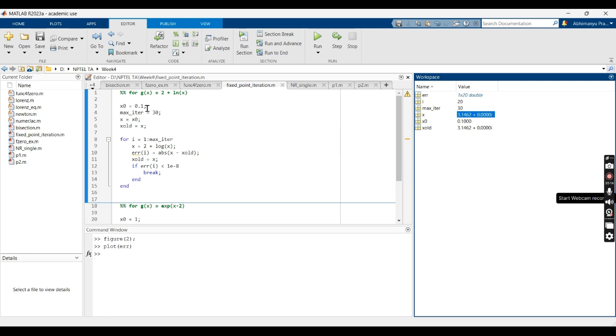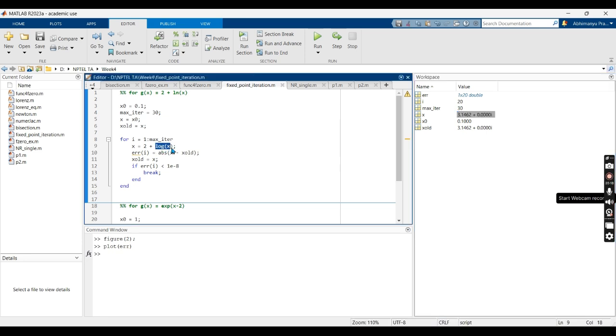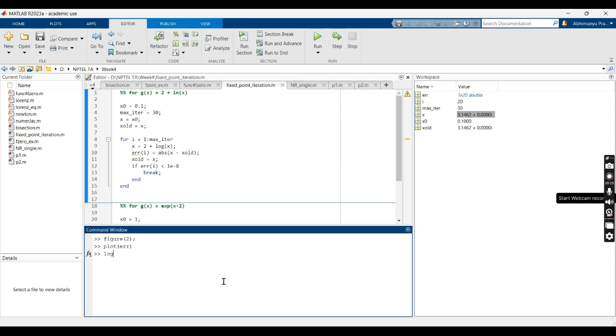Why that imaginary part is coming is because we have a log over here, right? So if I do log of 0.1, I get a negative value, then this becomes negative. So the next value of x becomes negative, right?